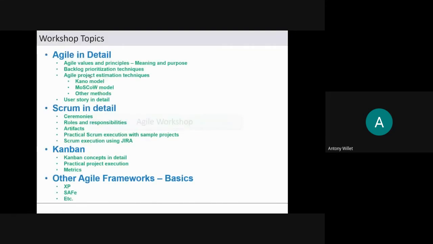So this is what we can see in Agile in detail: Agile values and principles, meaning and purpose, backlog prioritization techniques, Agile project estimation techniques, and user stories in detail. The Kano model and MoSCoW model are backlog prioritization techniques.